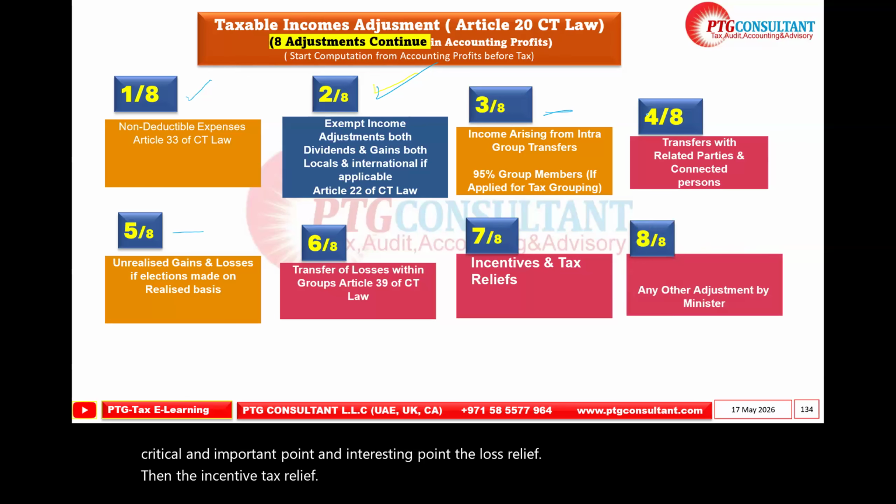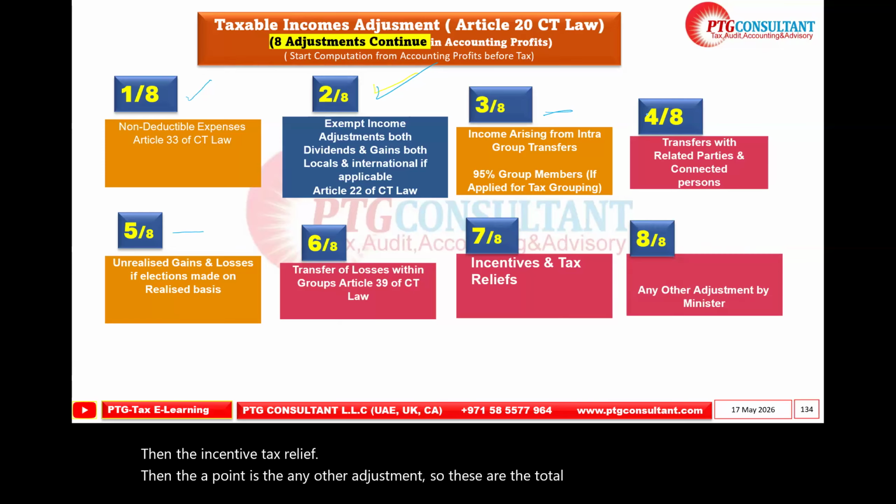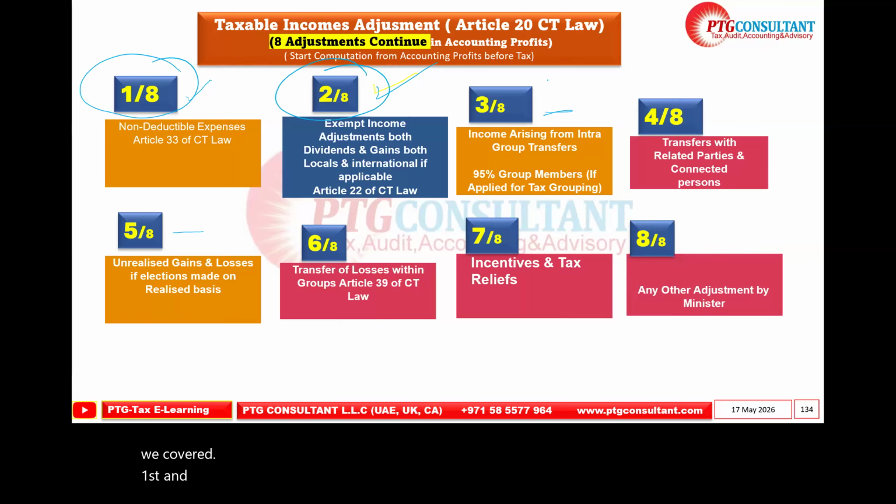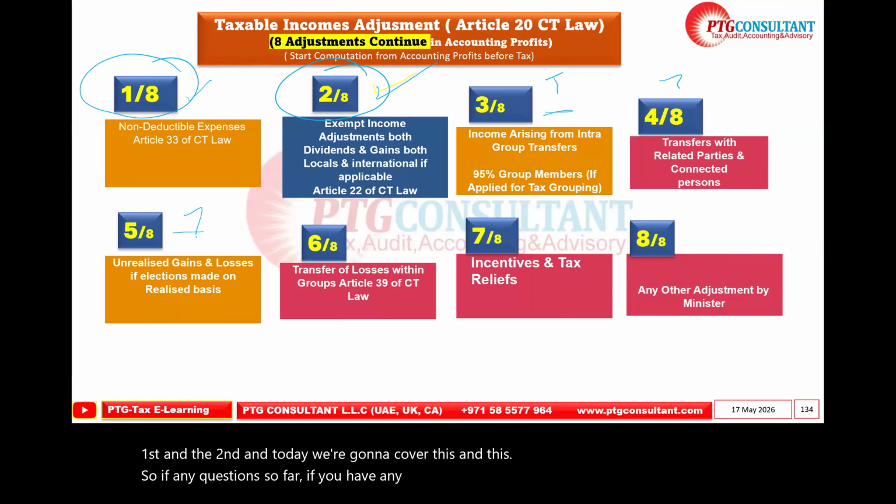Then the eighth point is any other adjustment. So these are the total eight adjustments. So far we covered the first and the second, and today we are going to cover these. If you have any question belonging to these eight adjustments, please let me know. Most welcome.